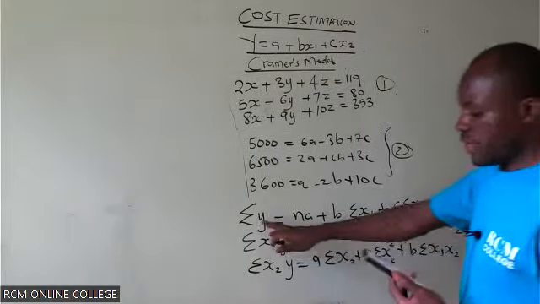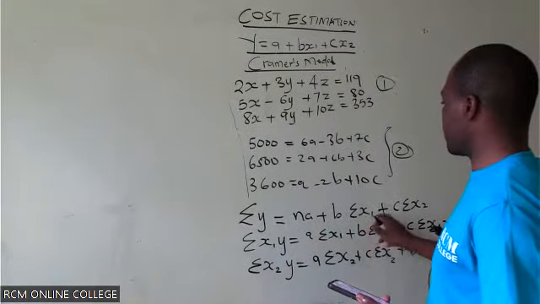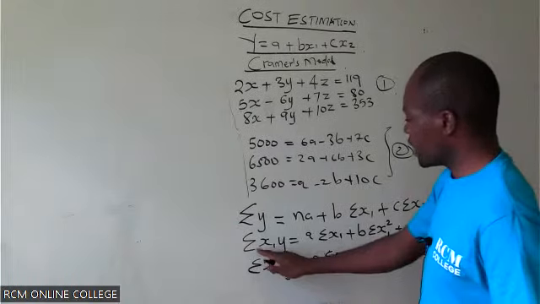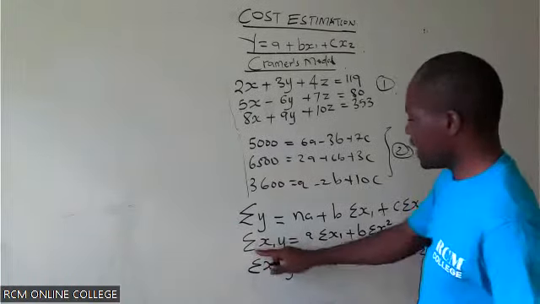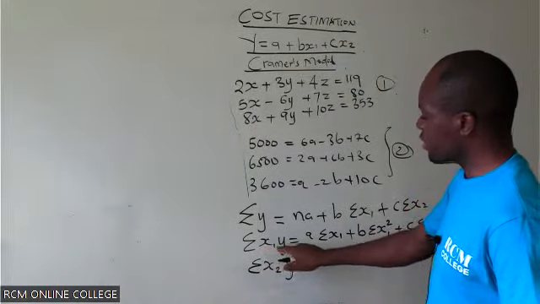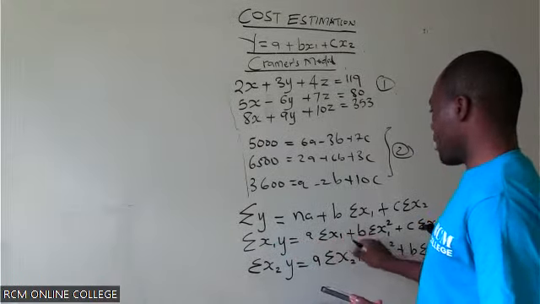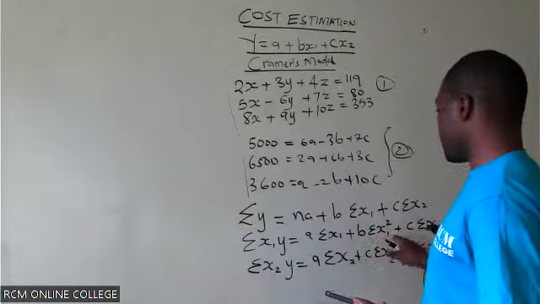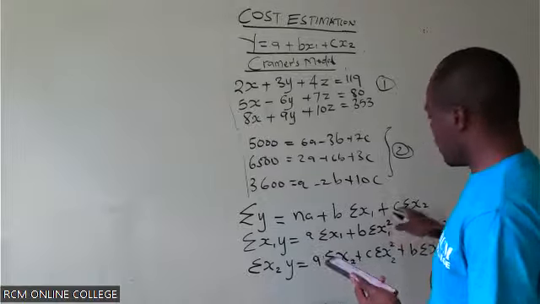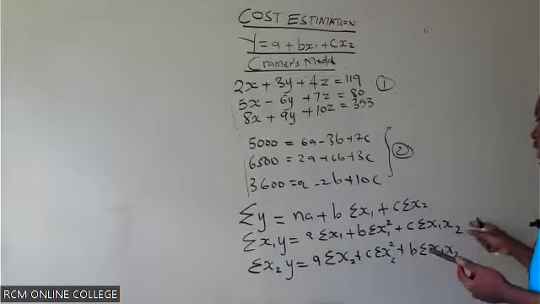So here we have summation of Y equal to NA plus B summation of X1 plus C summation of X2. Just look at the pattern here. It is basically the same thing but now interchanged. I have summation of X1 Y is equal to A summation of X1 plus B summation of X1 squared, plus C summation of X1, X2.